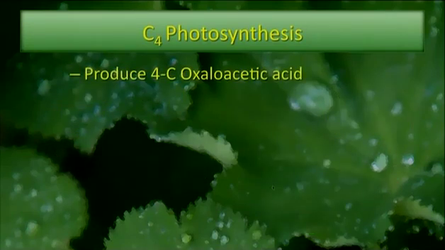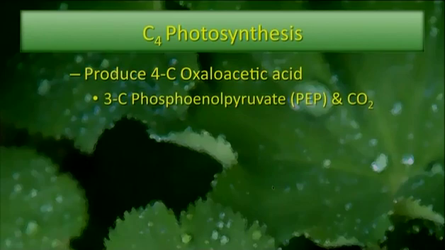Now what C4 photosynthesis does, it produces a 4-carbon oxaloacetic acid, so C4, 4-carbon, right? So what happens is that a 3-carbon phosphoenolpyruvate, or PEP, combines with carbon dioxide with the help of PEP carboxylase, and you notice that the name is PEP carboxylase.